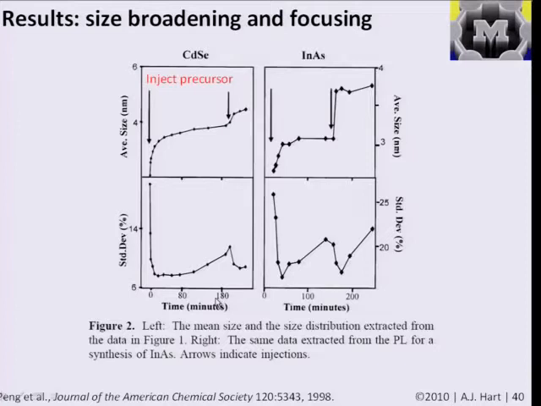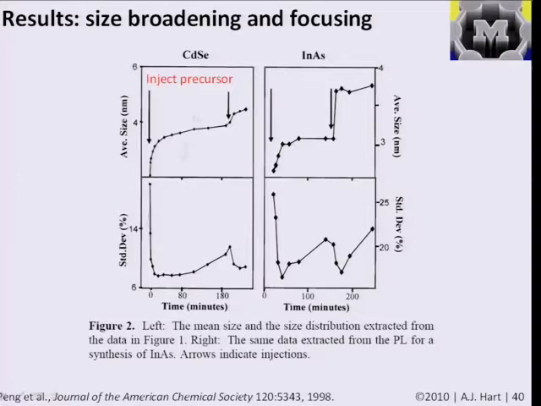And what the paper showed is how the synthesis conditions, the temperature and the concentration of precursor, relate to the average size of the structures versus time and the standard deviation or the size distribution of the structures versus time. And the arrows in these plots here indicate the times at which they injected precursor to the system.